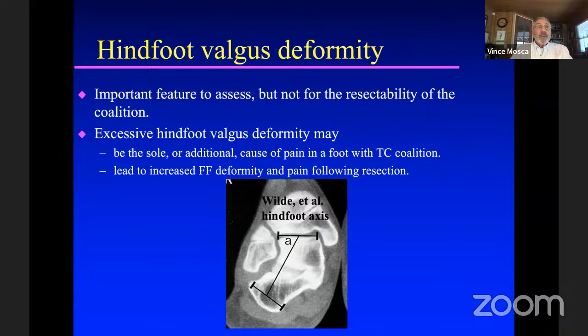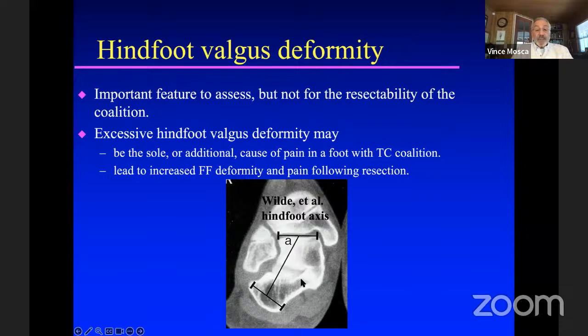The other thing about the criteria for resection with Wild and Terode is that they talked about the amount of hindfoot deformity. How flat is the foot? We've all experienced that some middle facet talocalcaneal coalitions are resected and the feet get flatter.